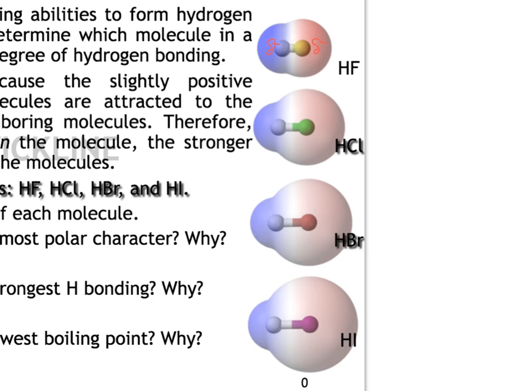So in other words, the slight positive pole of this molecule and the slight negative pole of this molecule are going to have the largest imbalance in charge, and therefore this will be the most negative of all of the negative poles, and this would be the most positive of all of the positive poles, and therefore you would have the greatest attraction between two molecules of hydrofluoric acid.